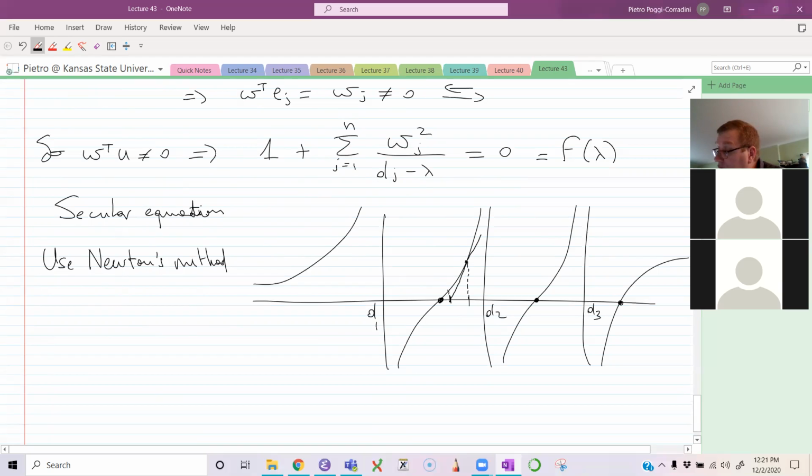You go to the function, you compute the tangent, you know, you're going to go really fast towards the root if you do that. Okay, so that's the idea of the divide and conquer method.